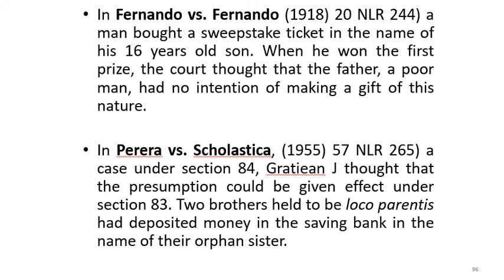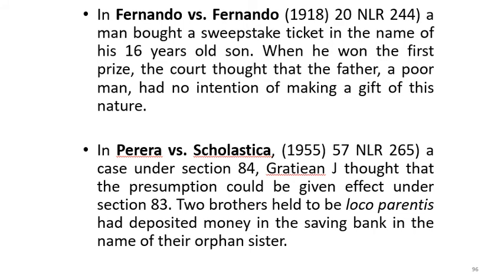Now we will see two decided cases here. Fernando versus Fernando. A man bought a sweepstake ticket in the name of his son, who was at the age of 16 years.